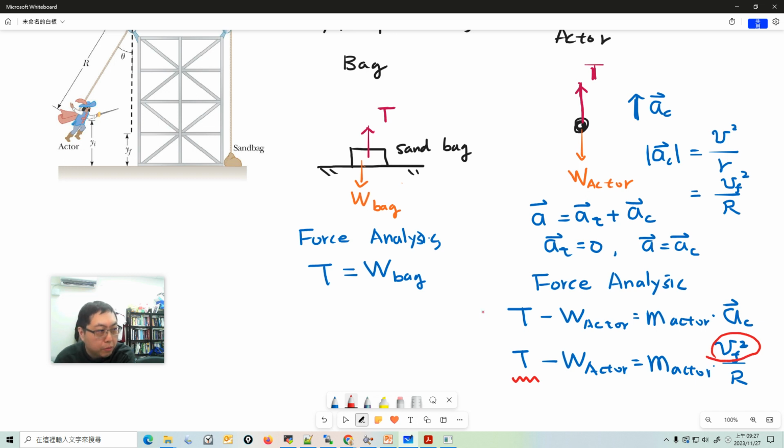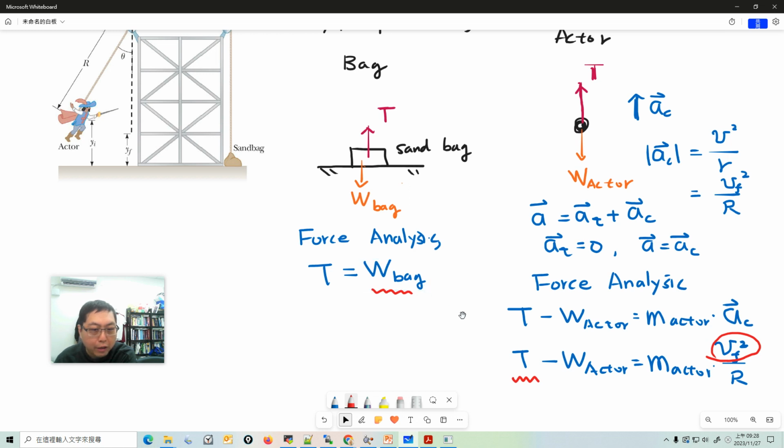The speed at point F is related to the tension, and the tension is also related to the weight of your bag. So the velocity vF has a connection to the weight of your bag.